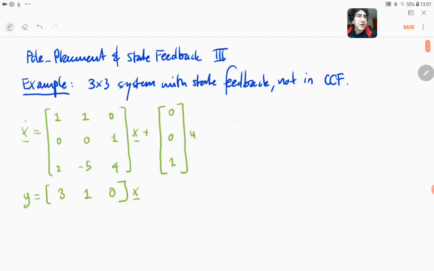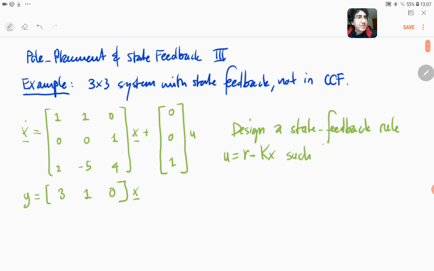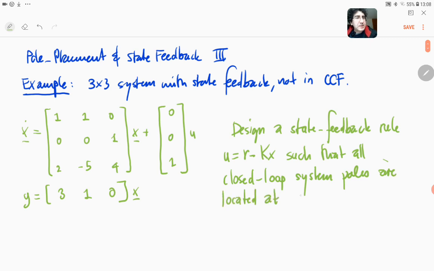The question tells us to design a state feedback rule u is equal to r minus kx such that all closed loop system poles are located at s1, 2, 3 is equal to minus 1.